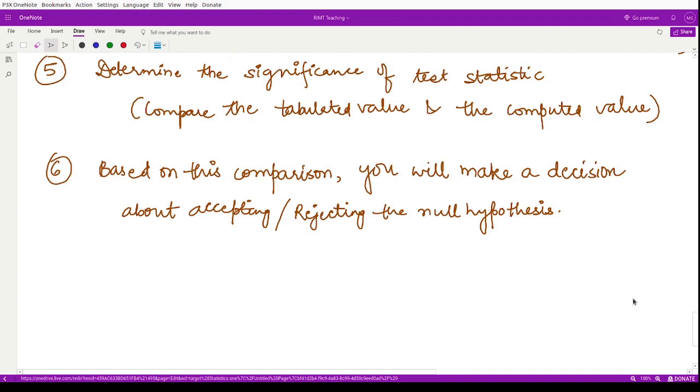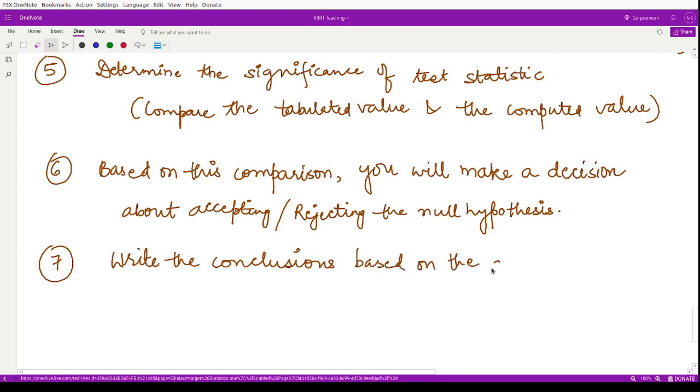And then you will write your conclusions. Finally, you will write the conclusions based on the above procedure. So this is the procedure that we have with us.